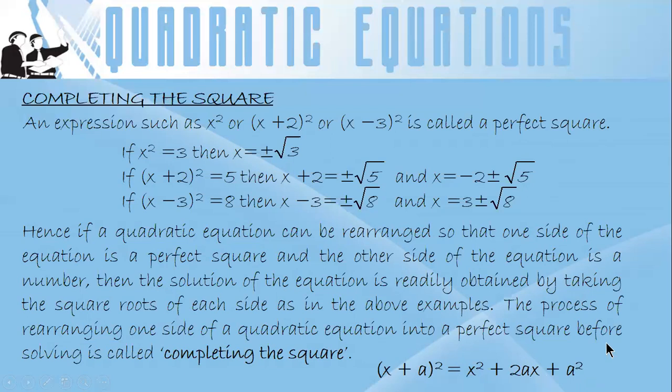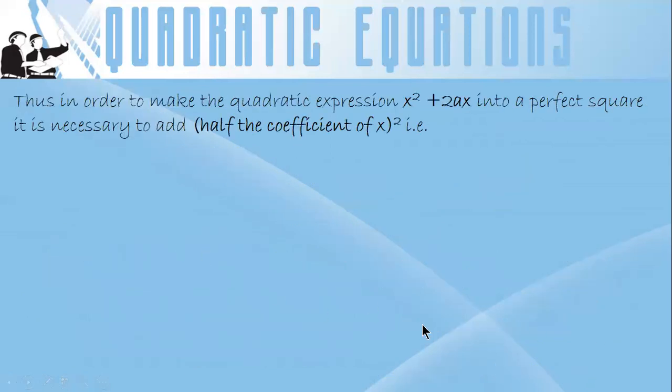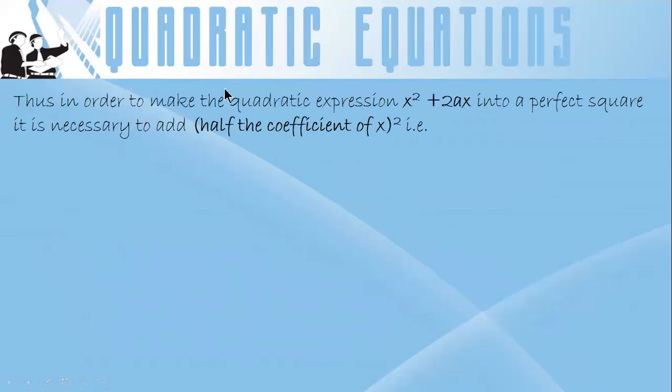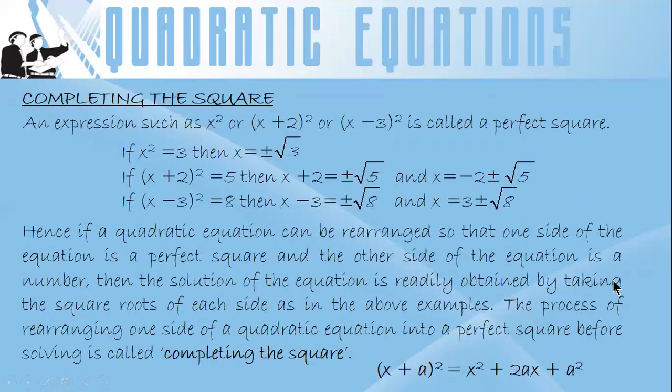So you can see that in order to make the quadratic expression x squared plus 2ax, which is a trinomial since it has three terms, how do we determine this term a squared, so that the result is x plus a squared?